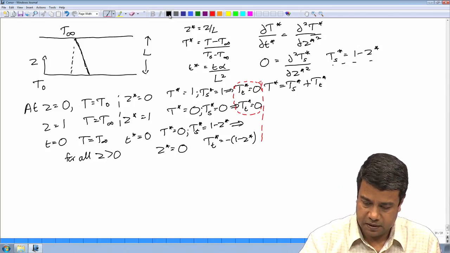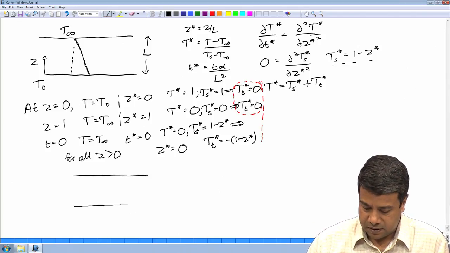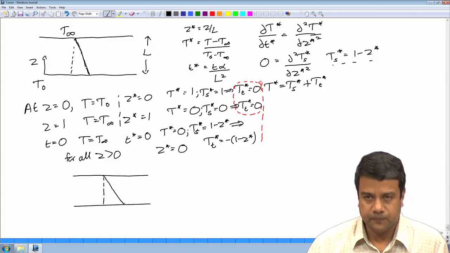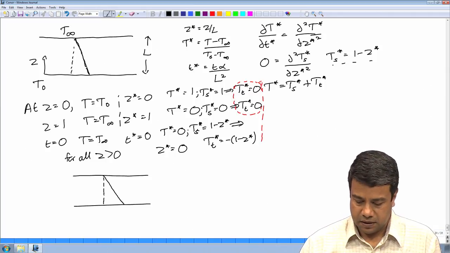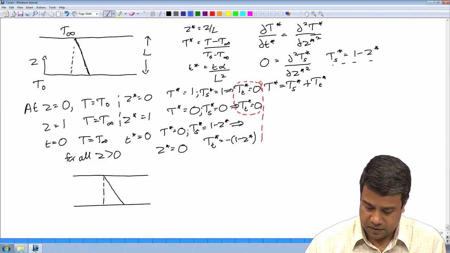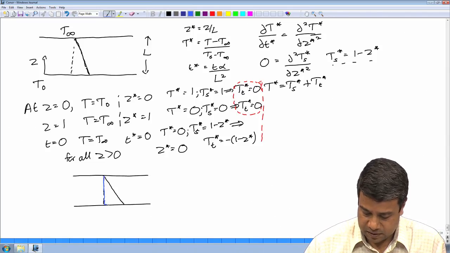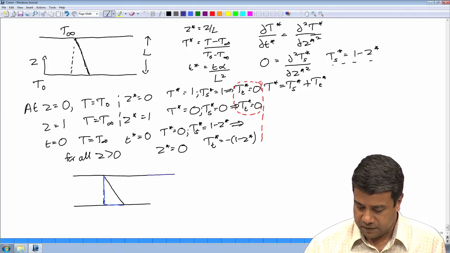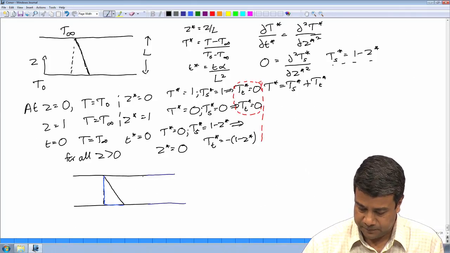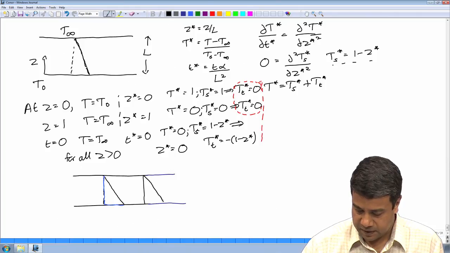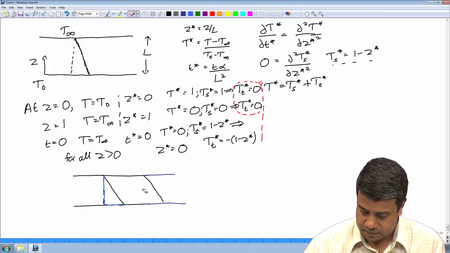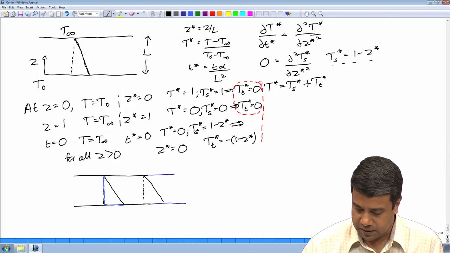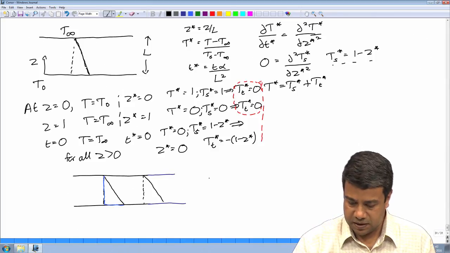As I said, my steady temperature profile looks like this, and my initial temperature profile looks like this. So, what I have done is effectively to write this as the sum of a steady part plus another part which is the transient part.